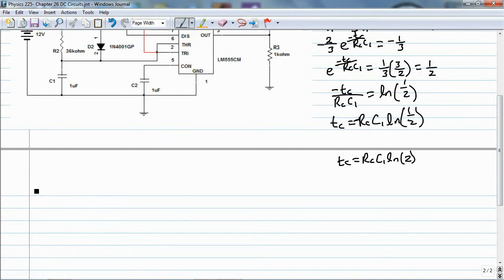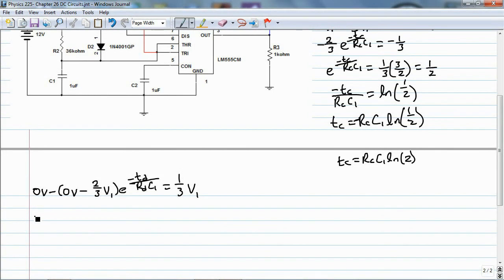So I will have 0 volts minus 0 volts minus, and I'm starting at 2/3 V1 e to the negative T discharge over RD C1, and I want to see how long it takes me to get to 1/3 V1.